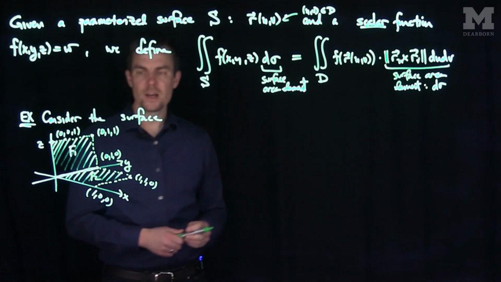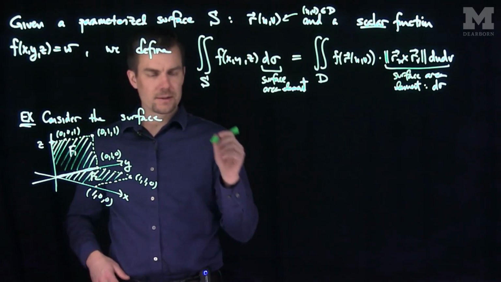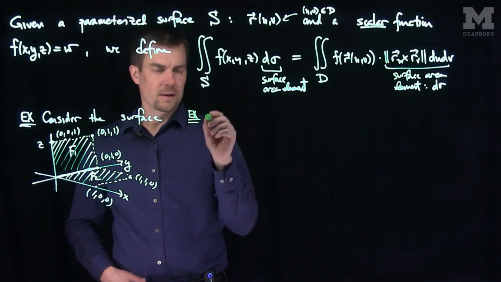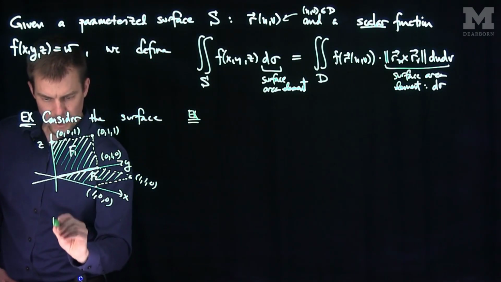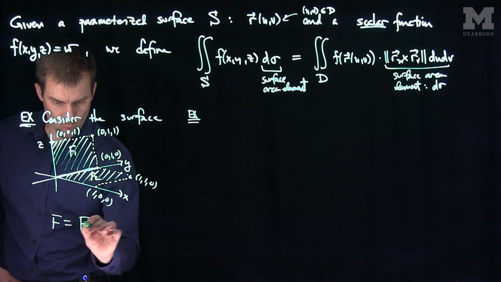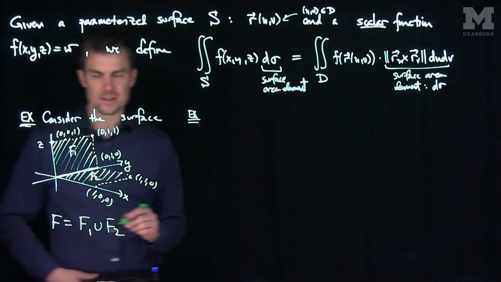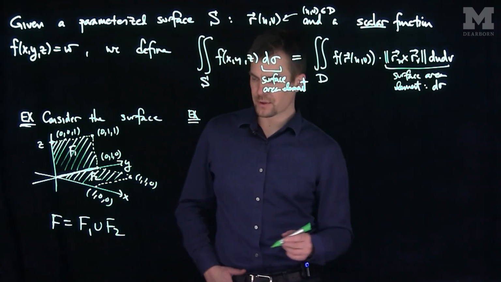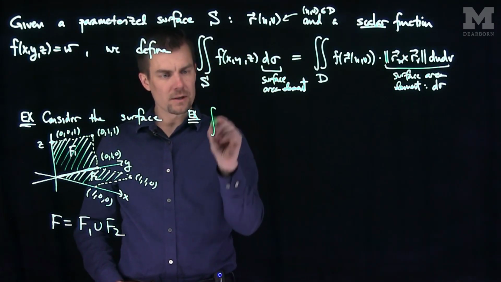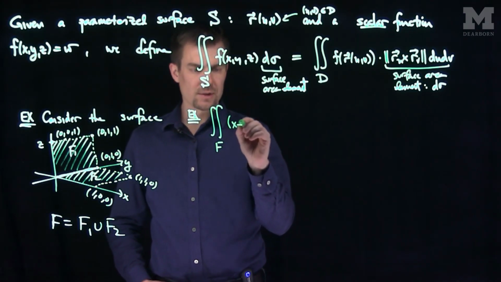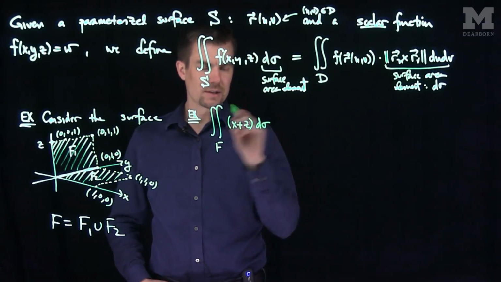Let's call the surface F, which is going to be the union of F1 and F2. So our surface F is both those surfaces together. What I want to do is find the surface integral over F of x plus z d sigma.